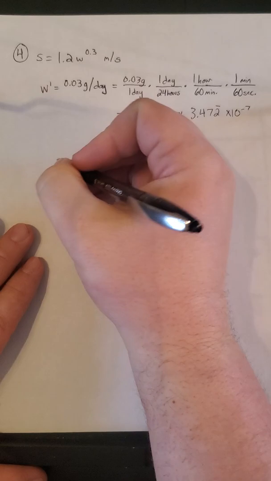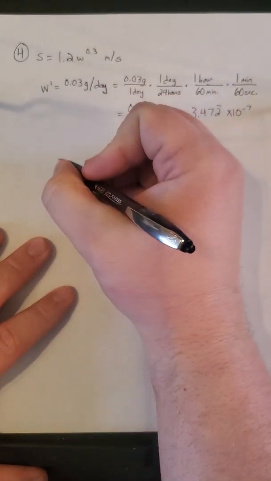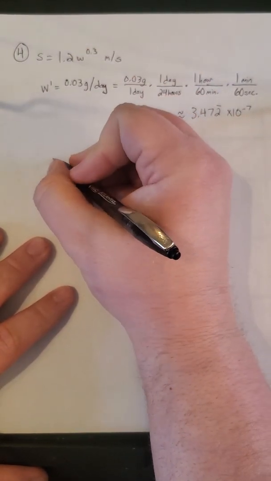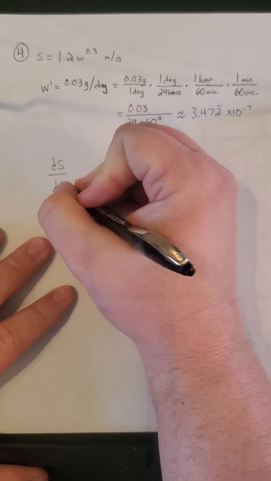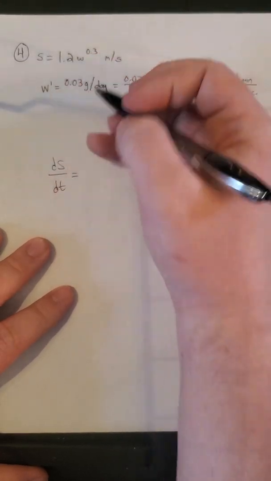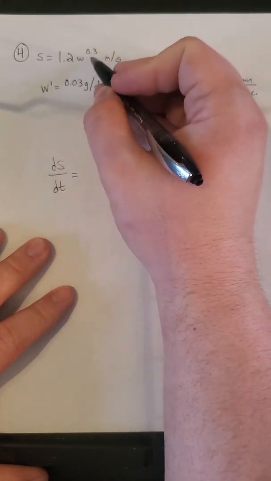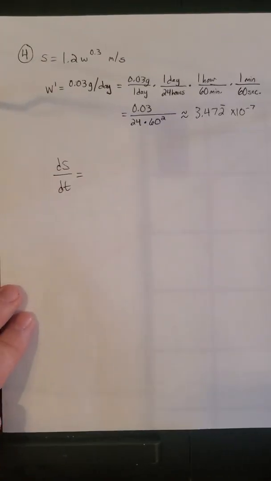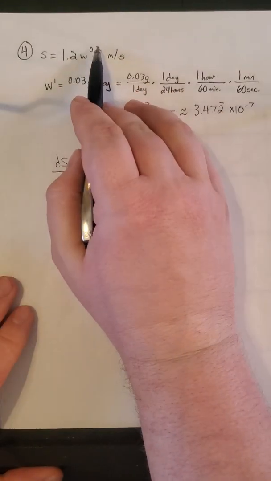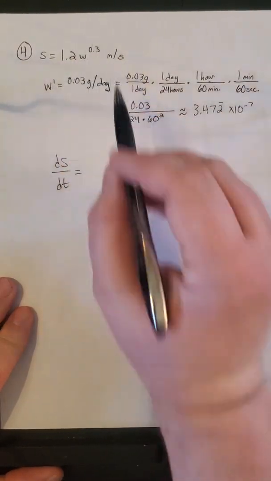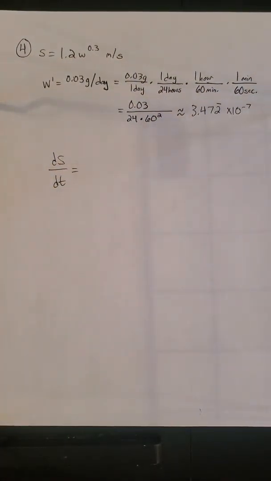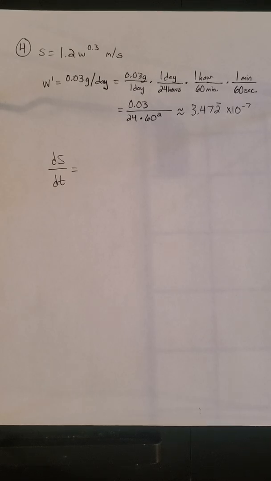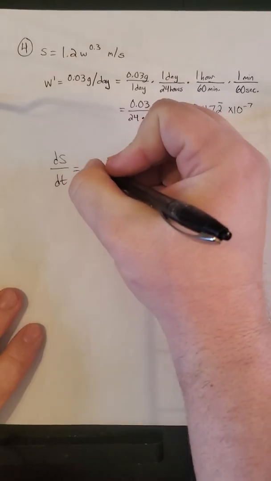And then you're ready to just take the derivative of this equation right here. So you're ready to take the derivative with respect to time. So ds dt equals, we're going to derive this with respect to time. So what we do is we power rule this basically. So we take 1.2 times 0.3, that's 0.36.